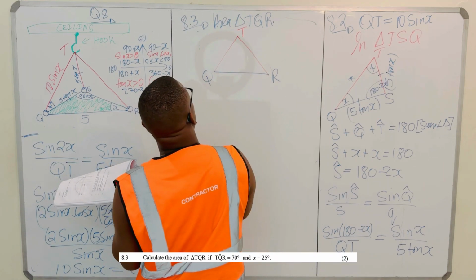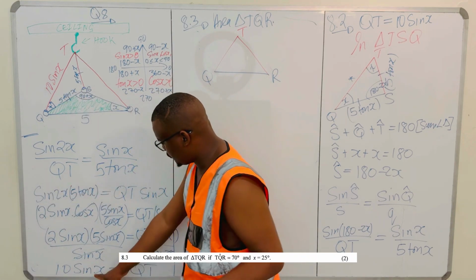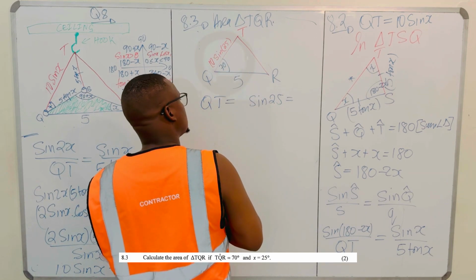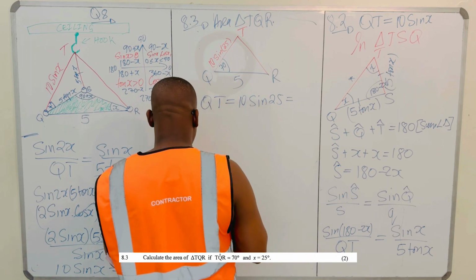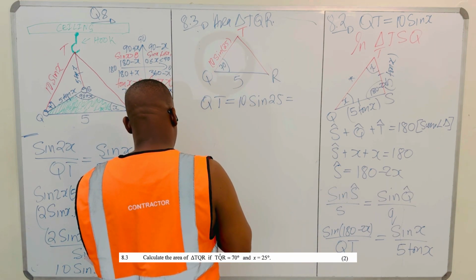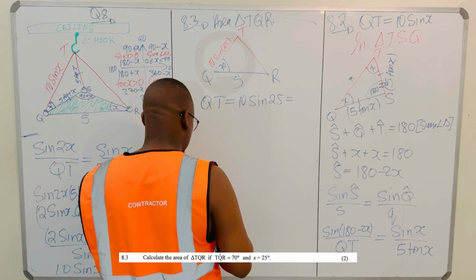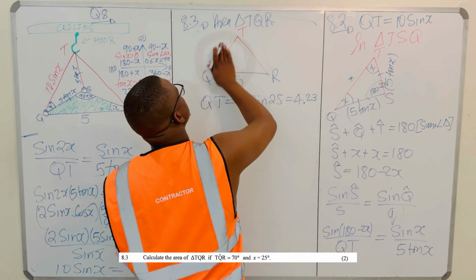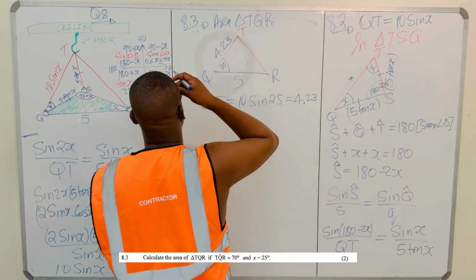So what do you know? You know QT, because QT is 10 sine x, is what we just proved here. It's 10 sine 25. So what is 10 sine 25? It's 4.23. So this distance is 4.23 units.